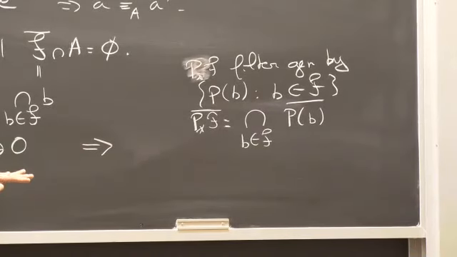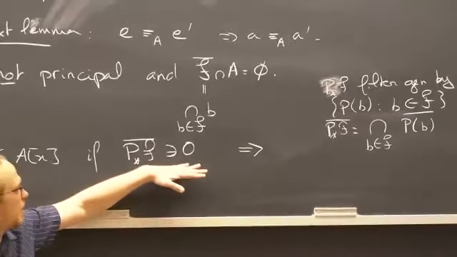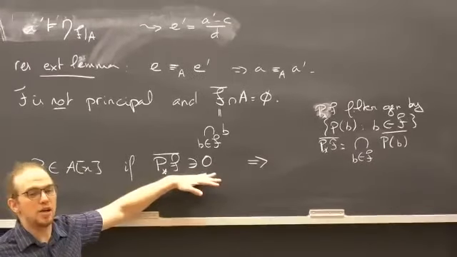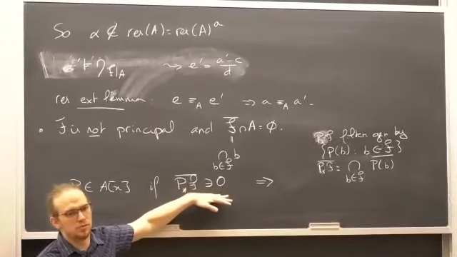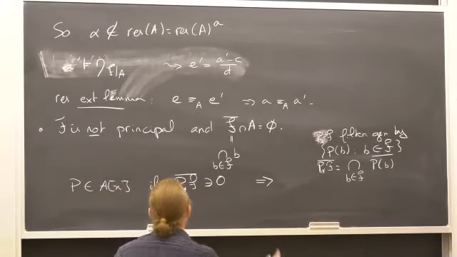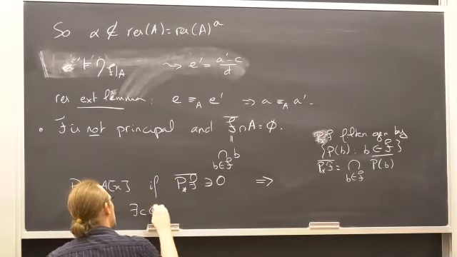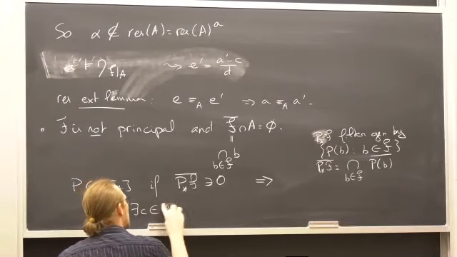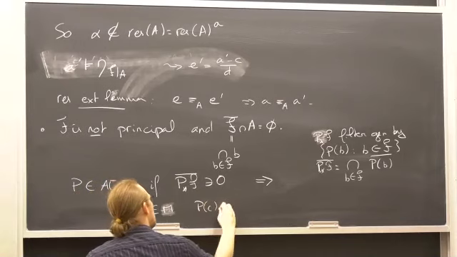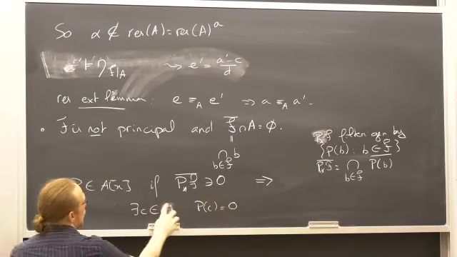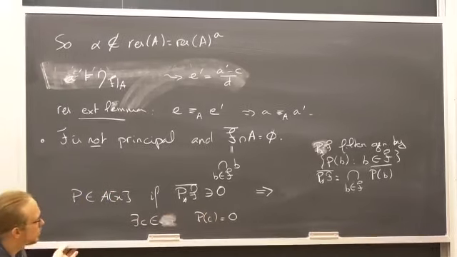Anyway, so we proved that if it looks like P has a 0 on the filter, then it actually has a 0. So this implies that there exists a C in M such that P of C equals 0. What is the overline on P of B?